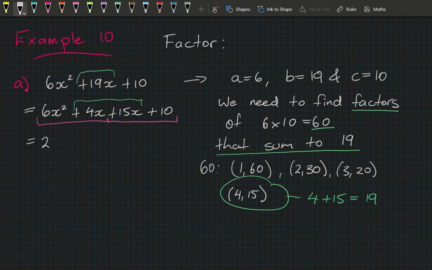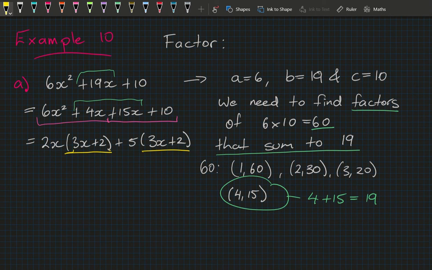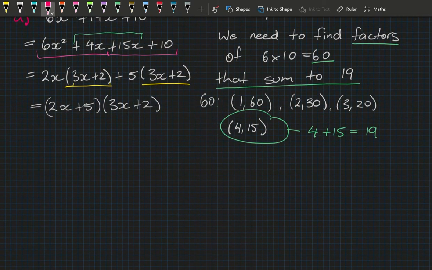So we now get 2x times 3x plus 2 plus 5 times 3x plus 2. And we have a common factor of 3x plus 2. So we can now rewrite this totally factored as 2x plus 5 times 3x plus 2. And we're done.